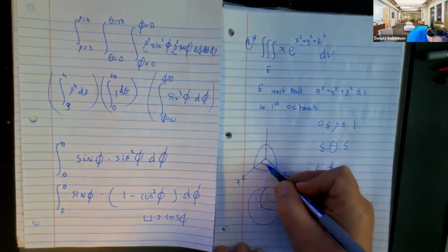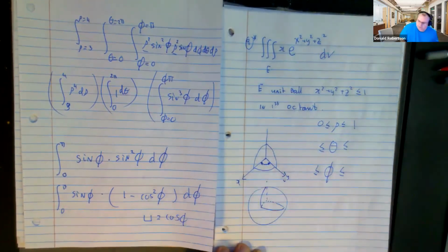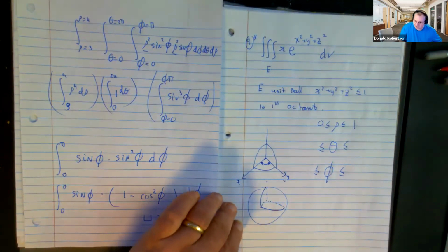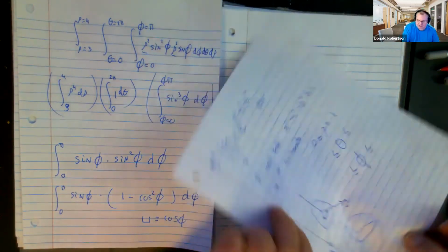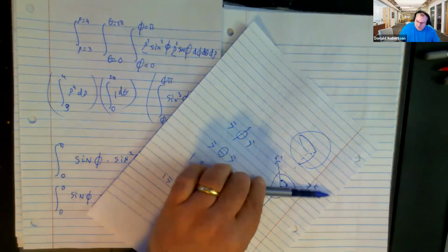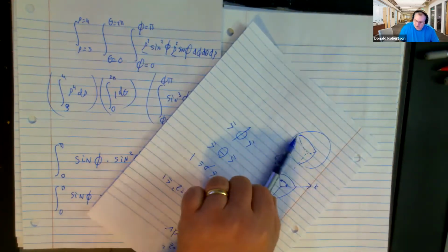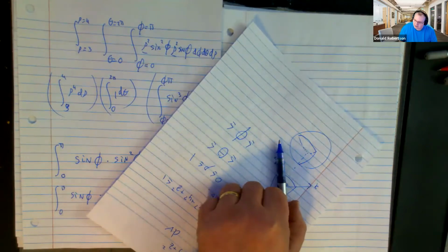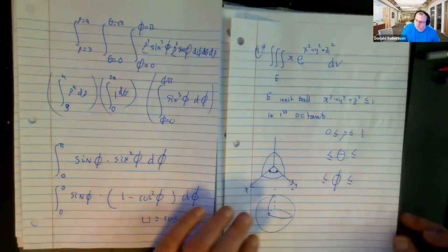Theta is basically from here to here, isn't it? Now, if you cannot orientate it, can you see that you're going from 0 to here, right?